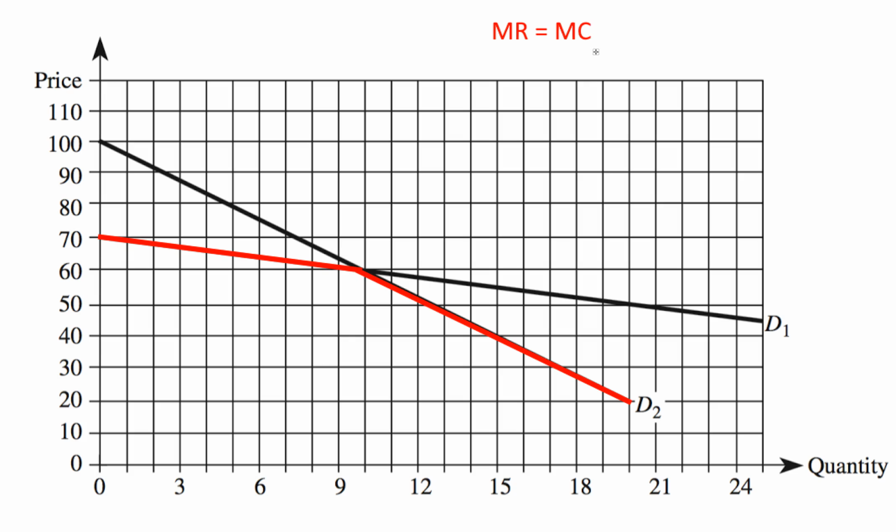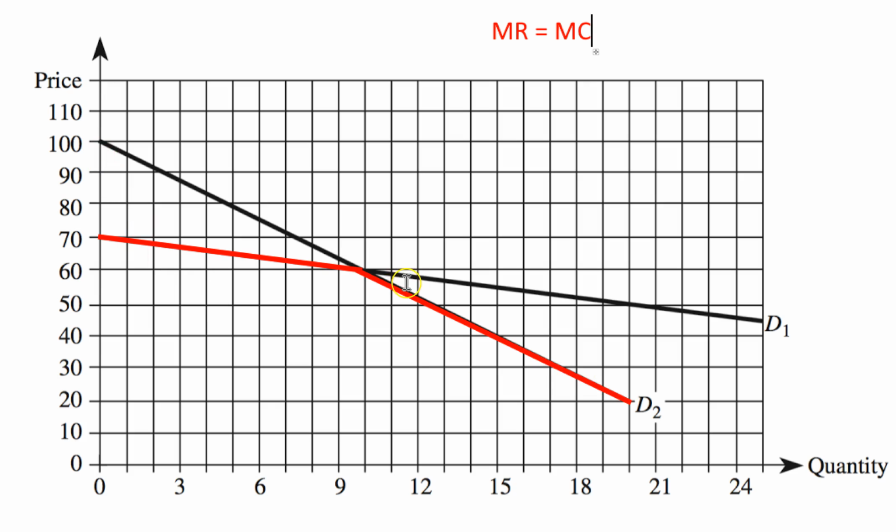Let me make that a little bit bigger. So let's include our marginal revenue curves here. Each one of these demand curves, D2 and D1, has a corresponding marginal revenue curve. And remember, a marginal revenue curve for a linear demand curve is twice the slope of the demand curve. So let's look at D2. The marginal revenue curve for D2 is going to slope twice as steep as D2.